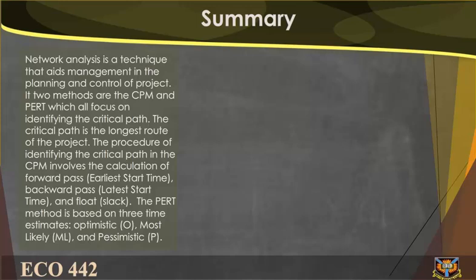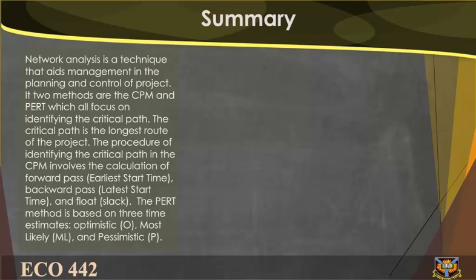Summary. Network analysis is a technique that aids management in the planning and control of projects. Two methods are the CPM and PERT, which all focus on identifying the critical path. The critical path is the longest route of the project.